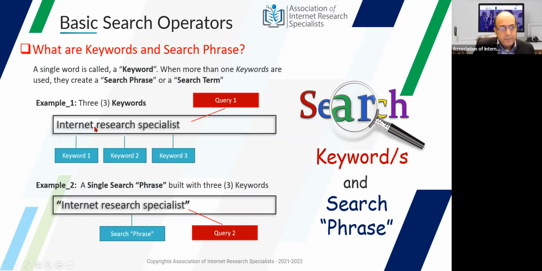Let's look at 2 examples here. We are going to see what is considered keywords and what is a search phrase. So let's suppose in the search box we have these 3 words. Individually they are called keywords, and when they're put together, as a combination of more than one word, it becomes a phrase for the search.